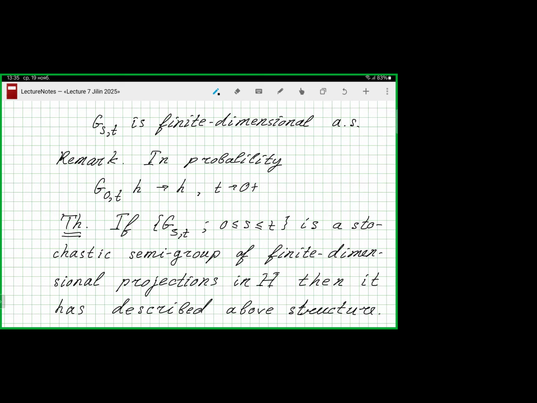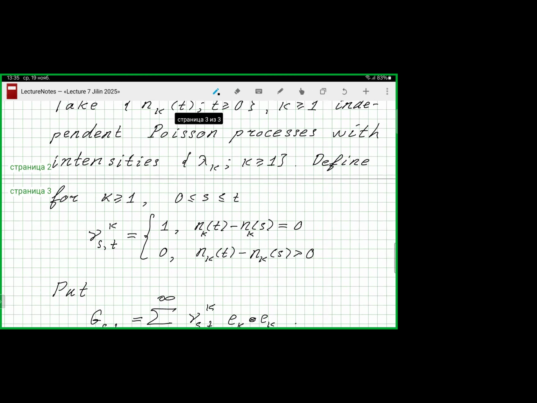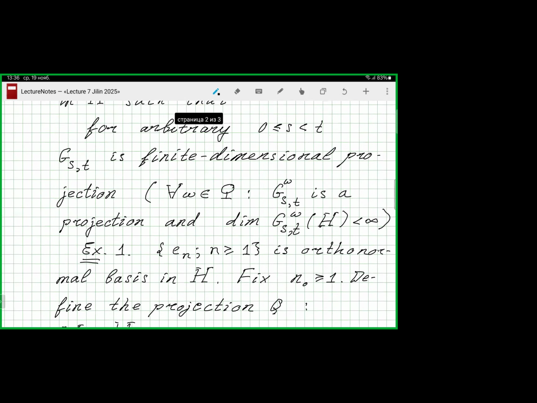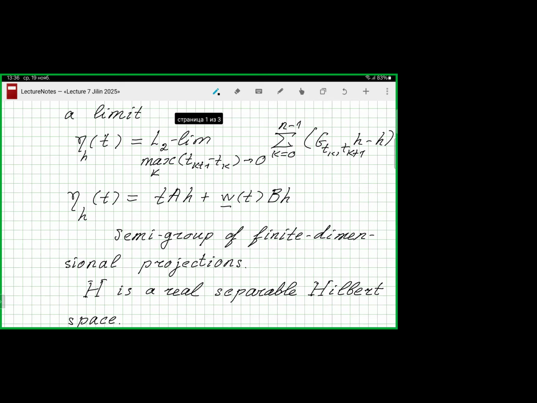But let me tell you that maybe everybody understand that such limit now will not give you, at least will not give you a Wiener process and some good continuous semi-martingale.